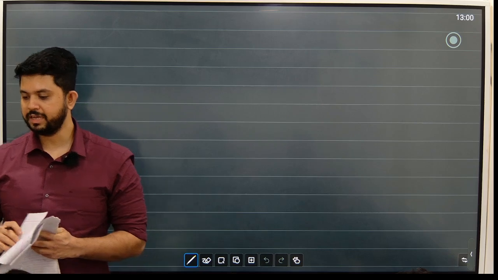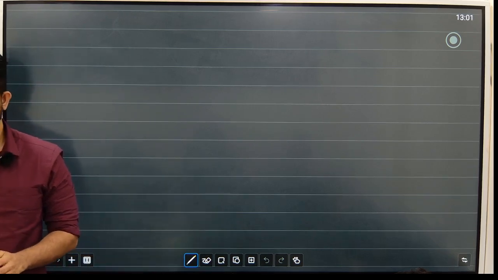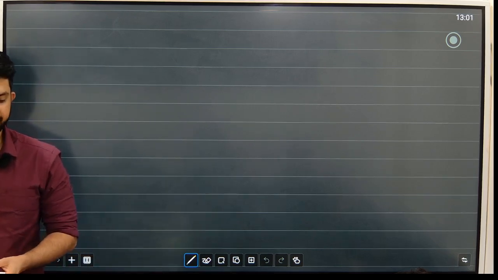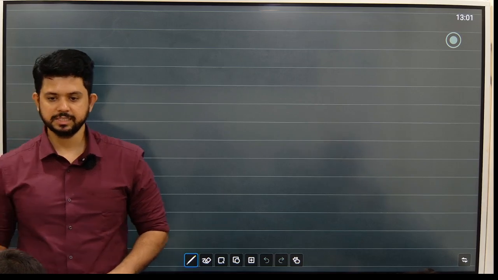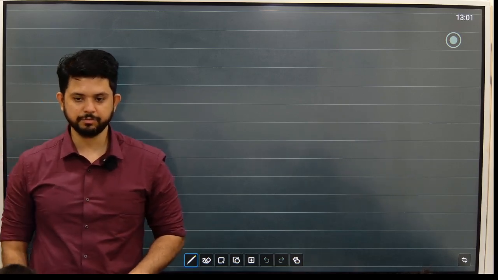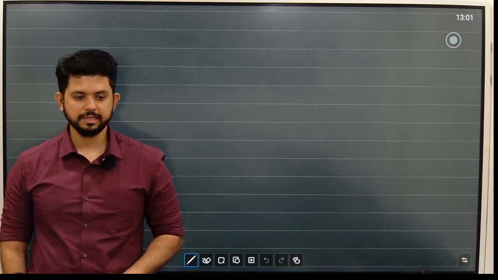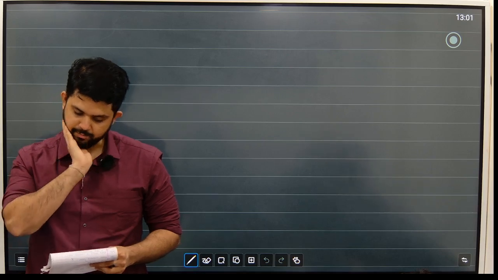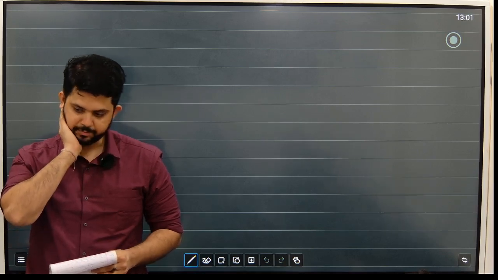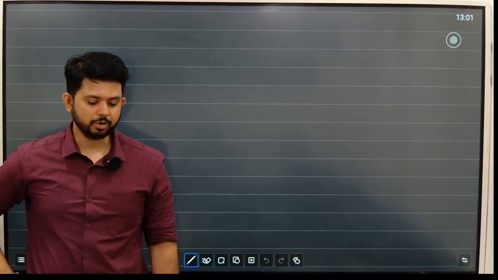In brackets write down EAN. So if it's a 3D series element, people, what should the EAN be equal to? 36. So write down EAN 36, 54 or 86 are more stable, which means the central metal atom should reach noble gas configuration.